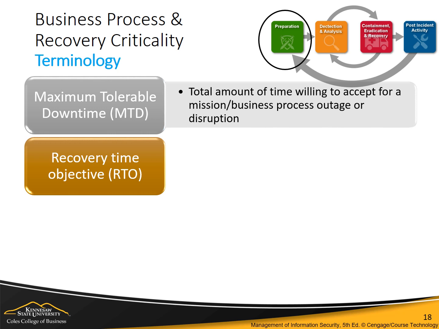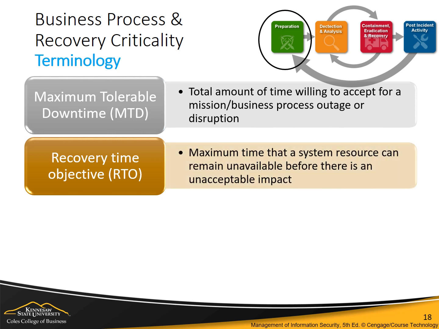Next is recovery time objective, or RTO. This is the maximum amount of time that a system resource can remain unavailable before there is an unacceptable impact on other system resources, supported mission business processes, and the MTD, maximum tolerable downtime.